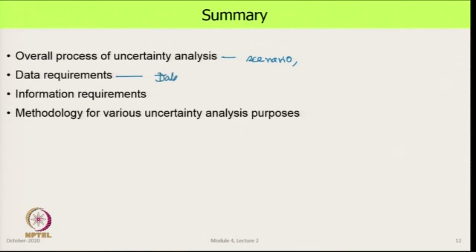So, experimental data plus a lot of information about instruments, electronics, equipment, bought out instruments, data acquisition system and whatnot. And finally, for various purposes, we saw the scheme of things by which we will do the uncertainty analysis.